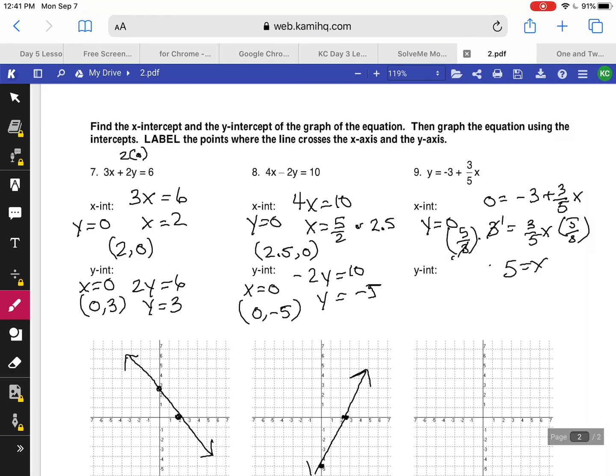And 5 is equal to x. I would do the same for y. X equals 0, y equals negative 3. And so I have my (0, -3). I can graph (5, 0), (0, -3), and I can create that graph.